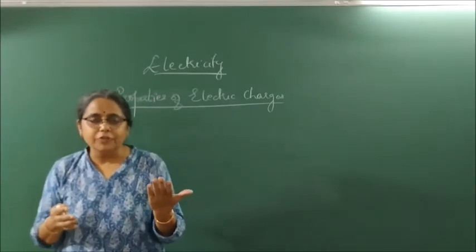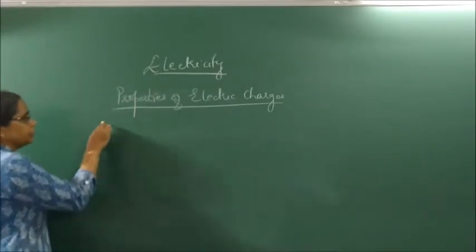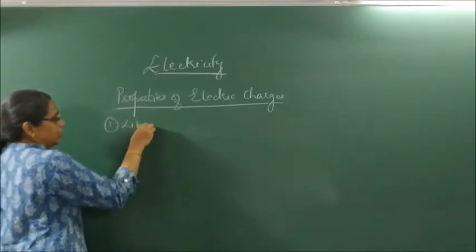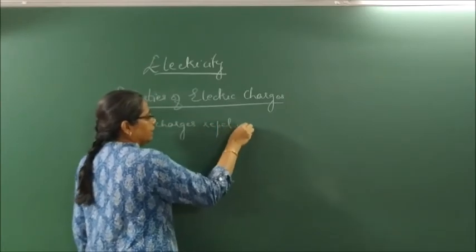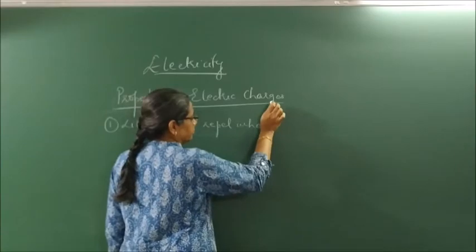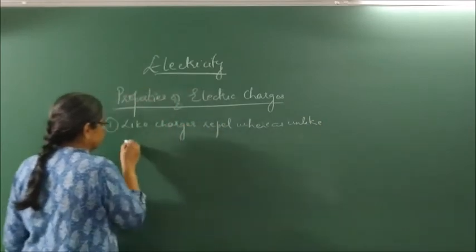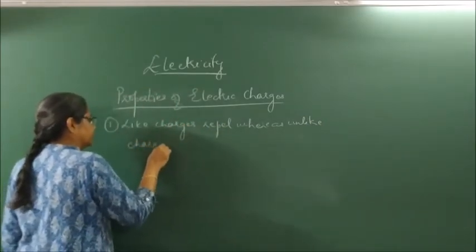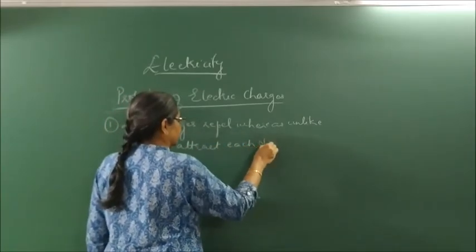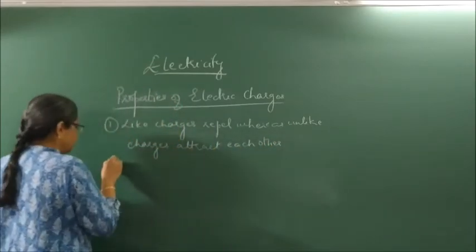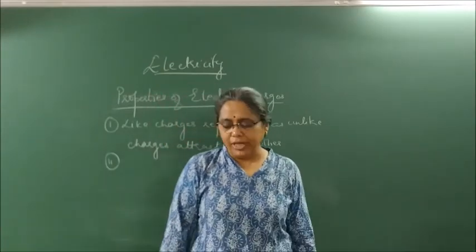But if a positive charge and a negative charge are kept closer to each other, they will attract each other. So our first point is what? Like charges repel, whereas unlike charges attract each other. Like charges always repel and unlike charges always attract.